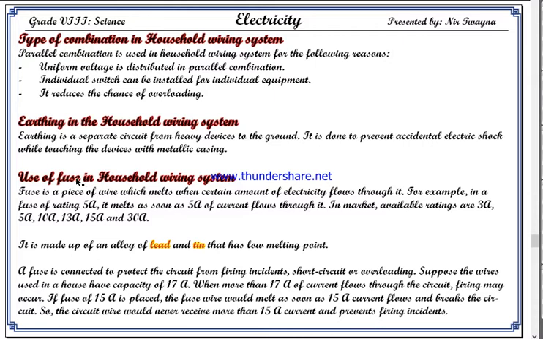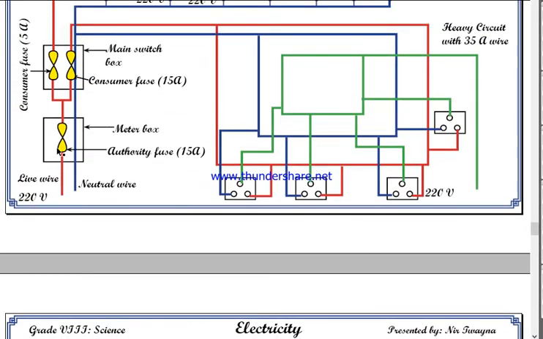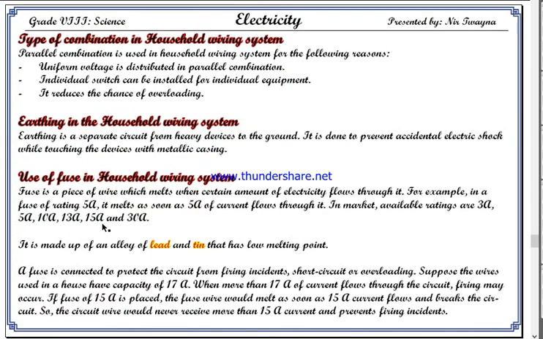What is fuse? Well, we have already introduced that while discussing about household wiring system. Fuse is a simple piece of wire which would melt when excess amount of current flows through it.